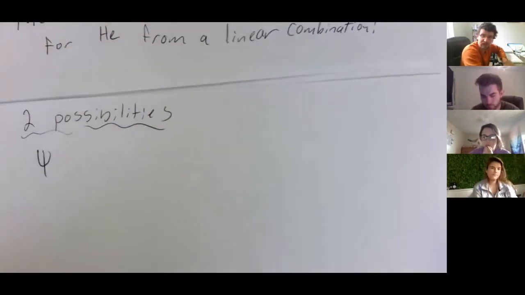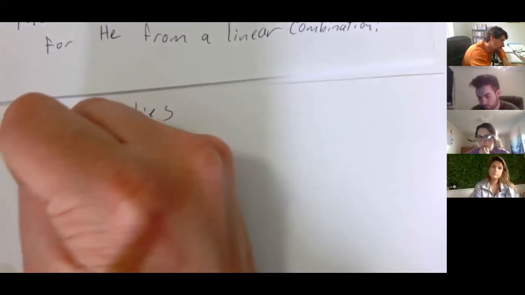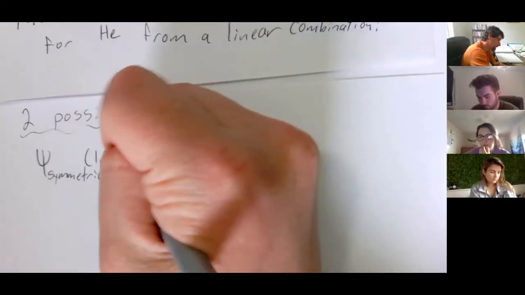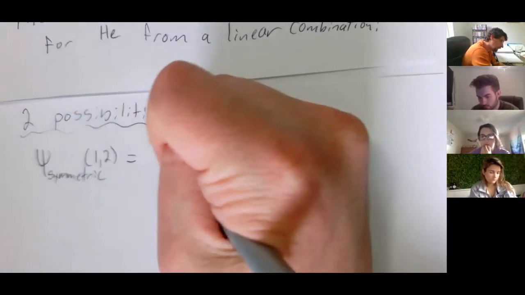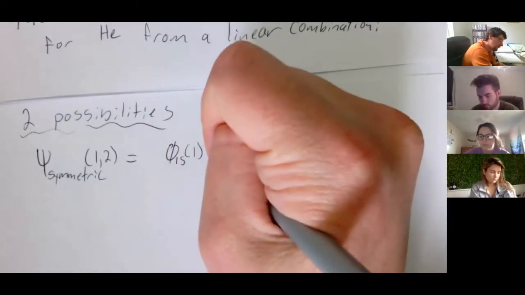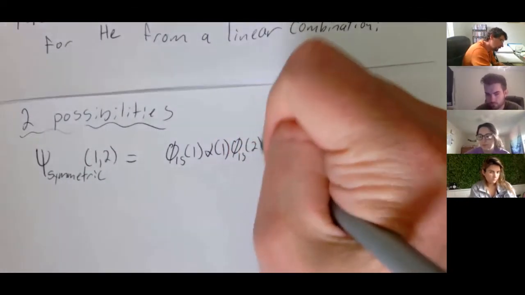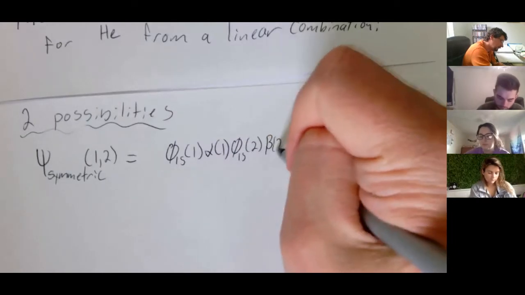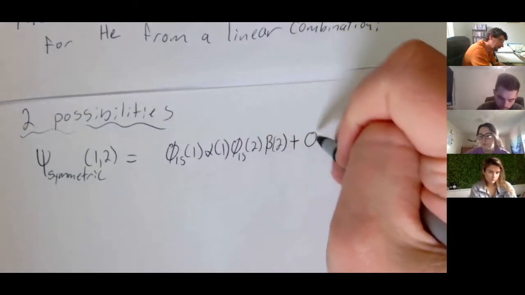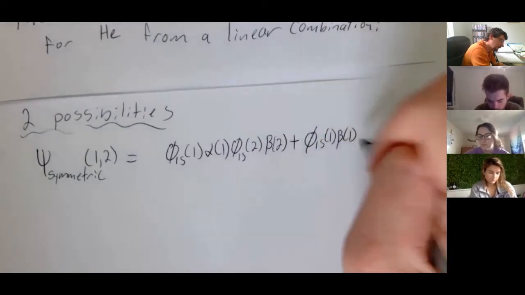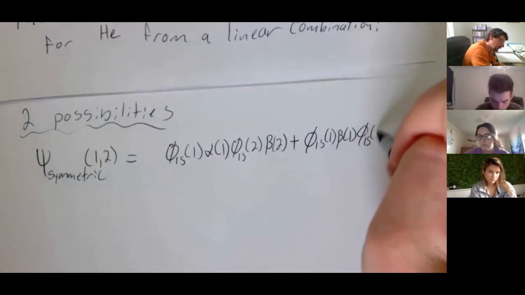We got a symmetric case, and we're going to denote that psi-symmetric, electrons 1 and 2, equals 1s(1) alpha(1) 1s(2) beta(2) plus 1s(1) beta(1) 1s(2) alpha(2).